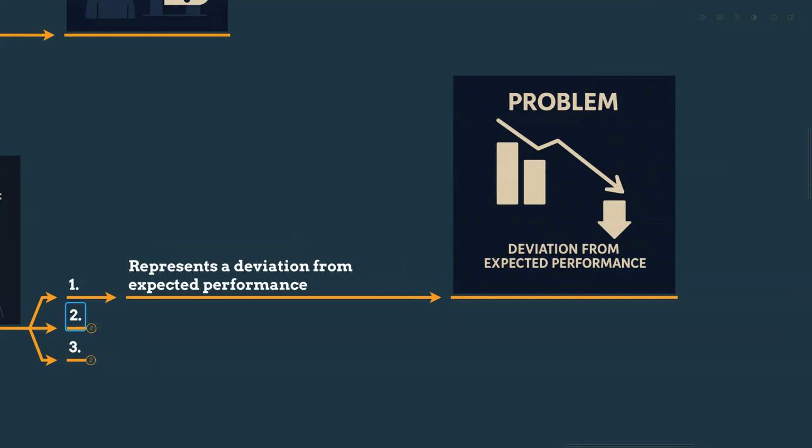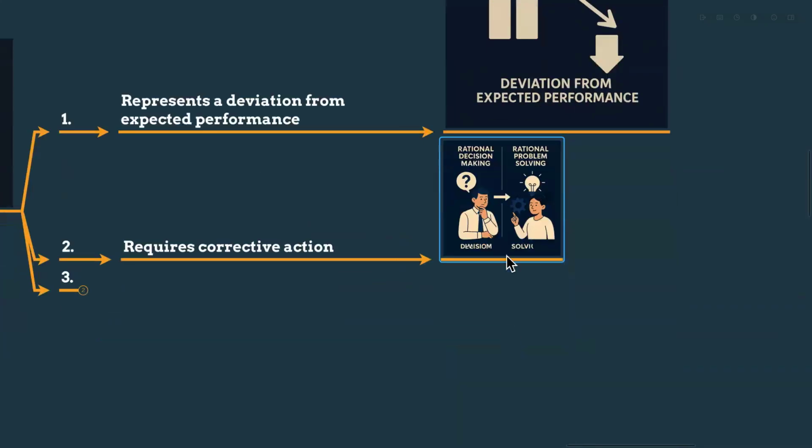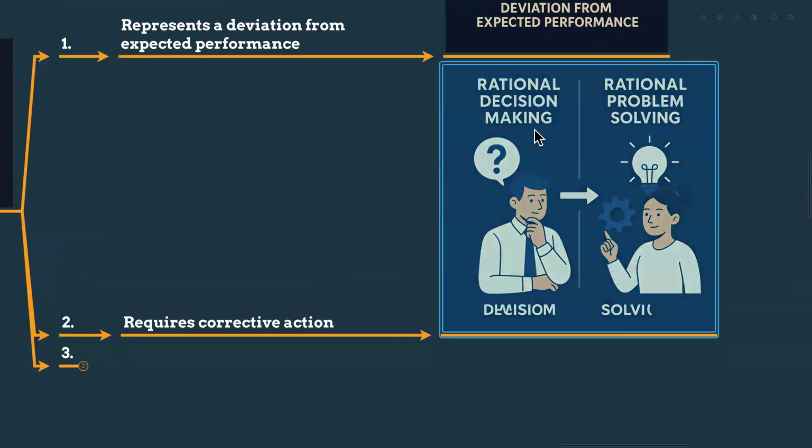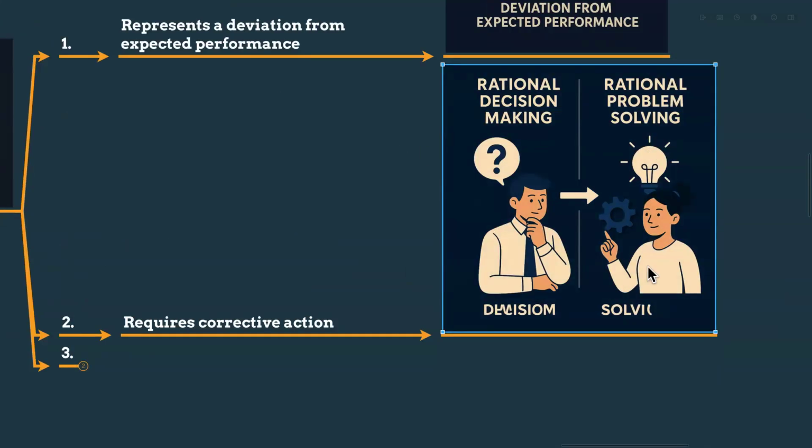Something is wrong with the current situation. That's a problem. At the same time, it requires some corrective action. You have to correct it. You have to solve the problem in a rational way, right? It requires some fixes.